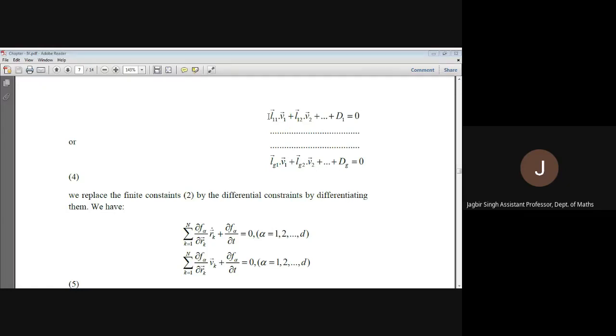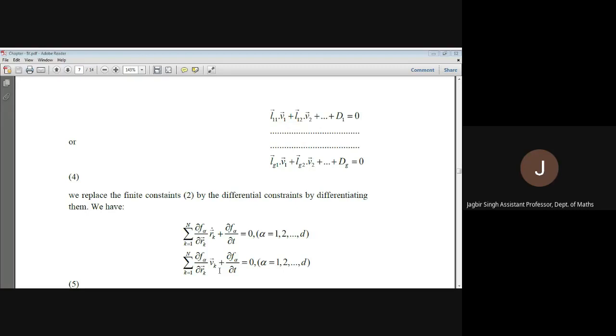These are g differential constraints, and d differential constraints obtained due to the finite constraints after differentiating, as in equation number 5, for alpha equal to 1, first equation, alpha equal to 2, second one, and alpha equal to d, the dth equation. So we have d plus g equations that involve v1, ..., vn.